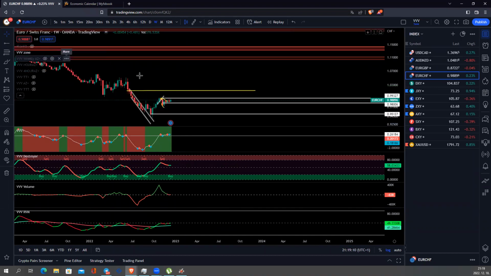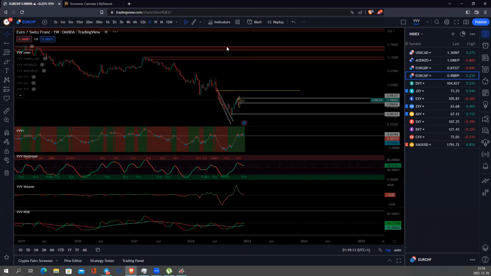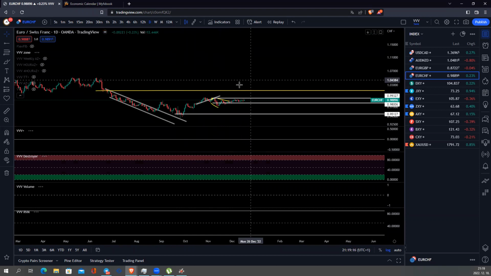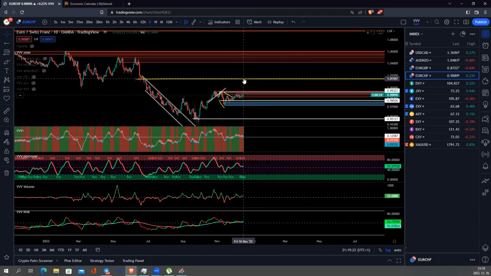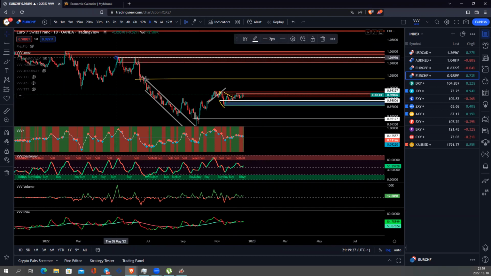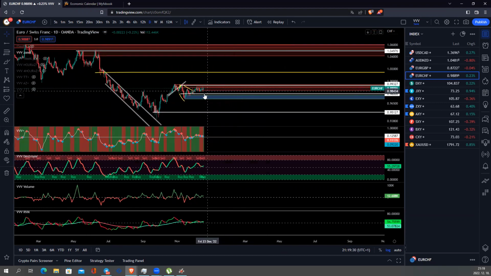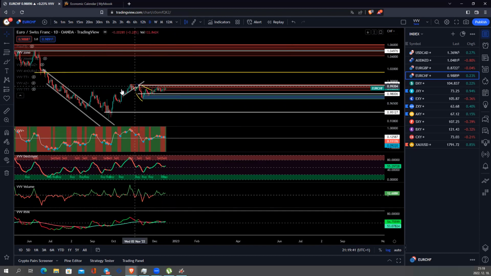Also, if you see, the zone is far away, but if we are looking on a daily basis, this consolidation, this target could go actually to the previous high, which is here. So yeah, I want to see this consolidation break. You see the break, retest, and after that I have here a trend line just connecting.